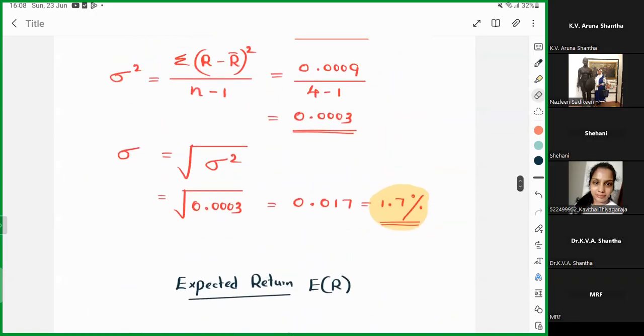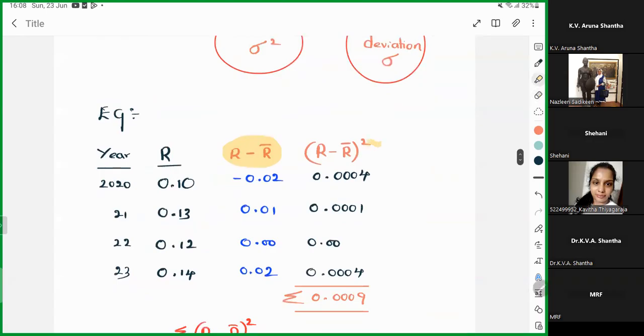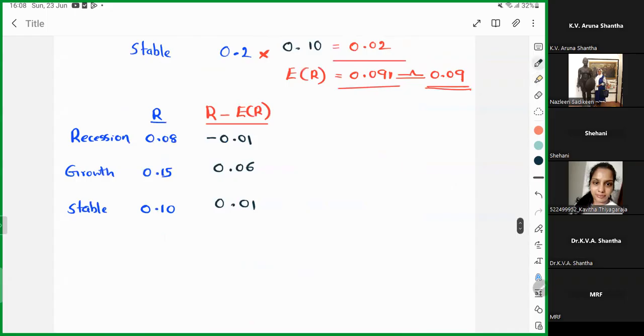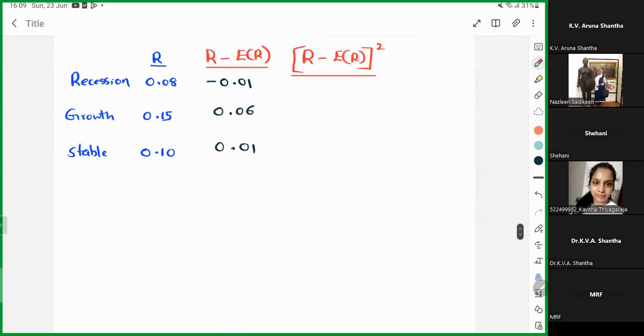Then what is the next step? We got the squared value. So here also we get the squared value: R minus expected return, to the power 2. Squared value of this, 0.01 to the power 2. How much? 0.001.